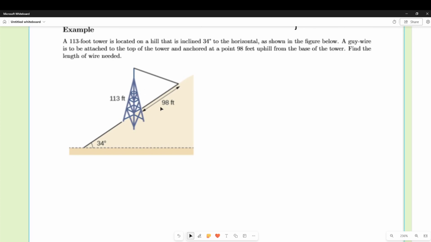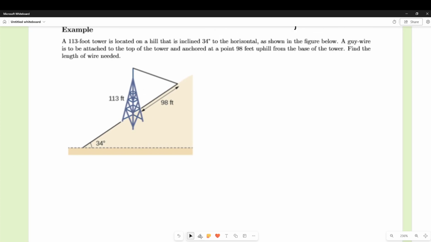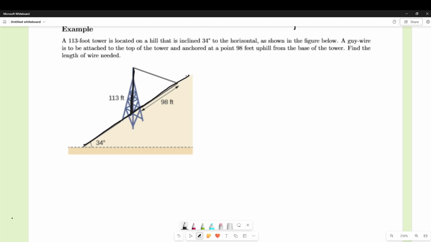So, a couple things to consider. I'm going to draw this in as a solid line here. If this angle is 34 degrees, that means this angle is also 34 degrees. If that angle is 34 degrees, we know this angle has to be its complement, so the rest of the 90 degrees.